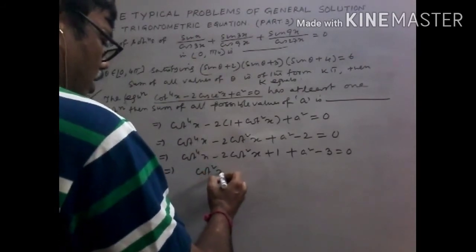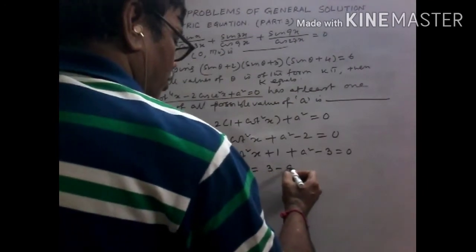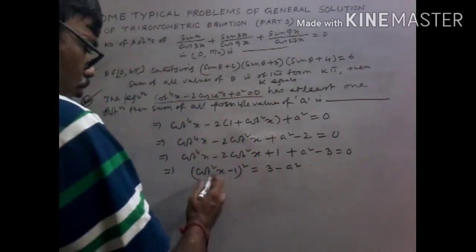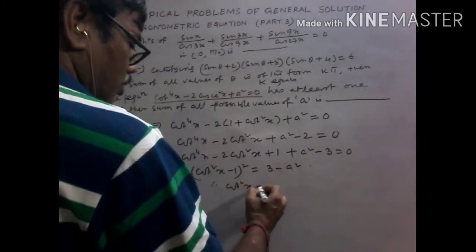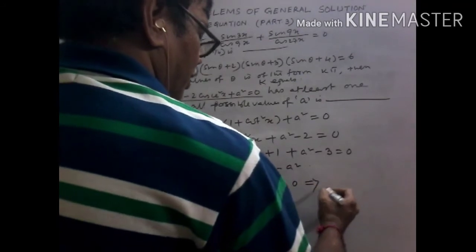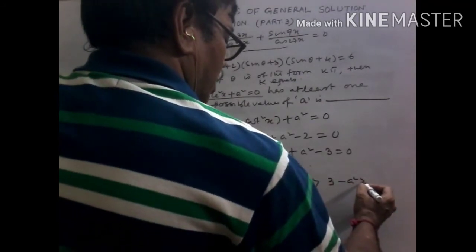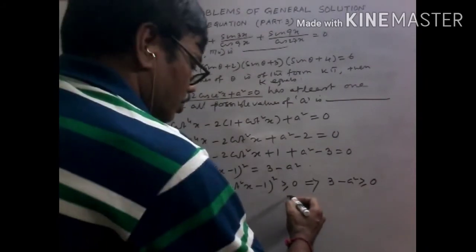So it is whole square. Cot square x minus 1 whole square equals to 3 minus a square. Now this is square term, therefore cot square x minus 1 whole square is greater than or equal to 0. This implies 3 minus a square greater than or equal to 0.